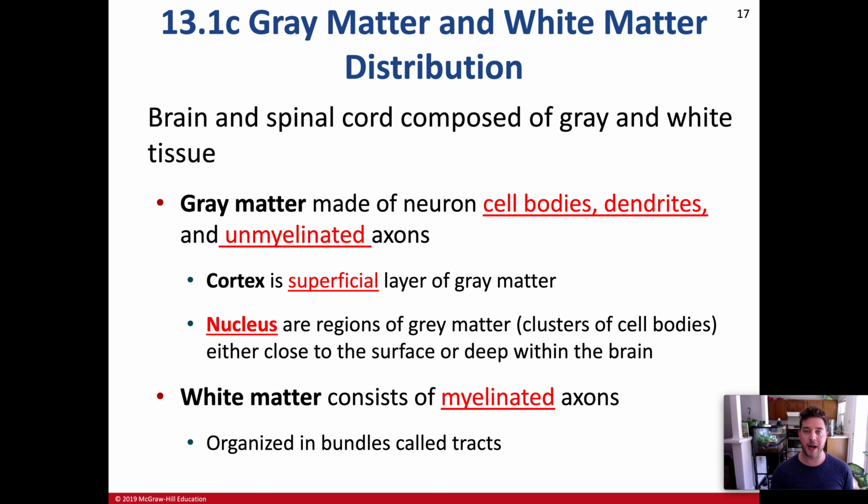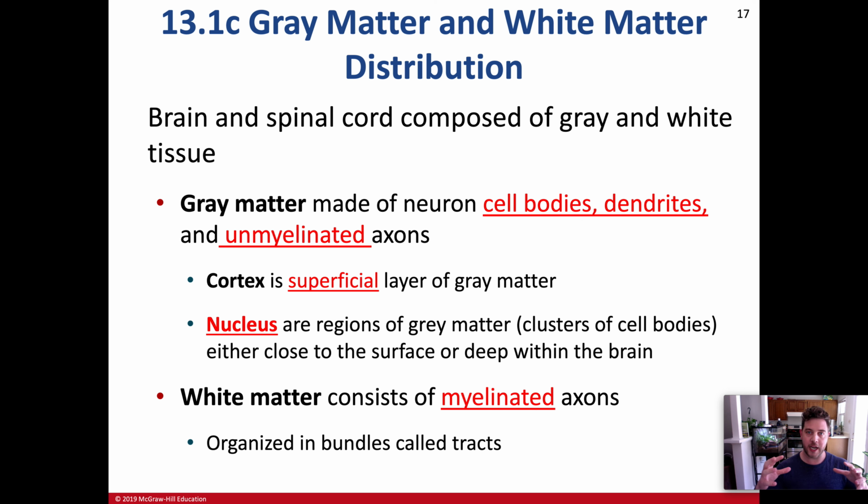If you remember, myelin is always kind of a clear or whitish color because it has that high fat content, that high lipid content. So just remember that the lipid content gives myelin its whitish appearance, so that's white matter, whereas gray matter is going to be the unmyelinated axons, the dendrites, and the cell bodies.